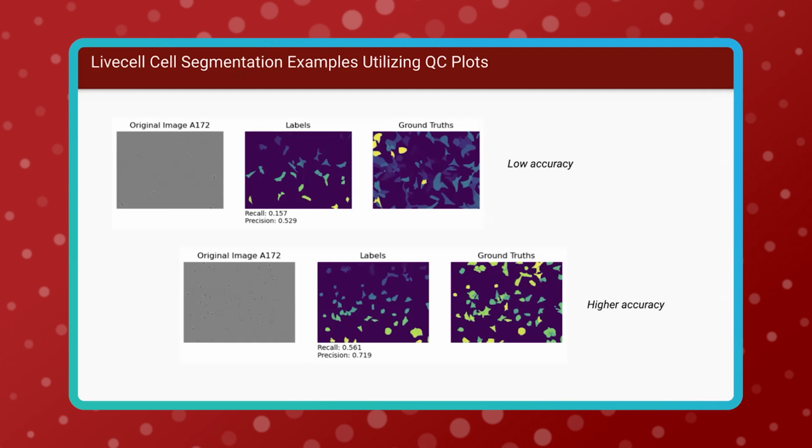And in the middle, again, we have the labels, and then on the right, we have the ground truths. So you can see that the recall and the precision is quite low, with our highest precision on the bottom being 0.72. And overall, there are a lot of cases where the model was not able to pick up on certain cells, likely because of image quality and, again, some tuning that we could do in the future to perhaps fix that.